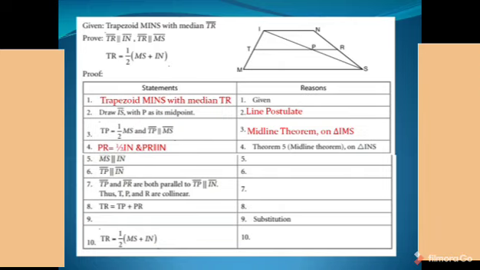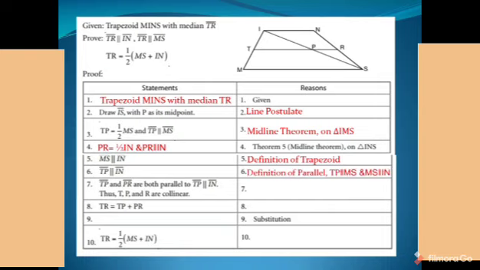IN. That would be in number 5, segment MS is parallel to segment IN. And that is the definition of a trapezoid, where we can also have our statement that segment TP is parallel to segment IN.